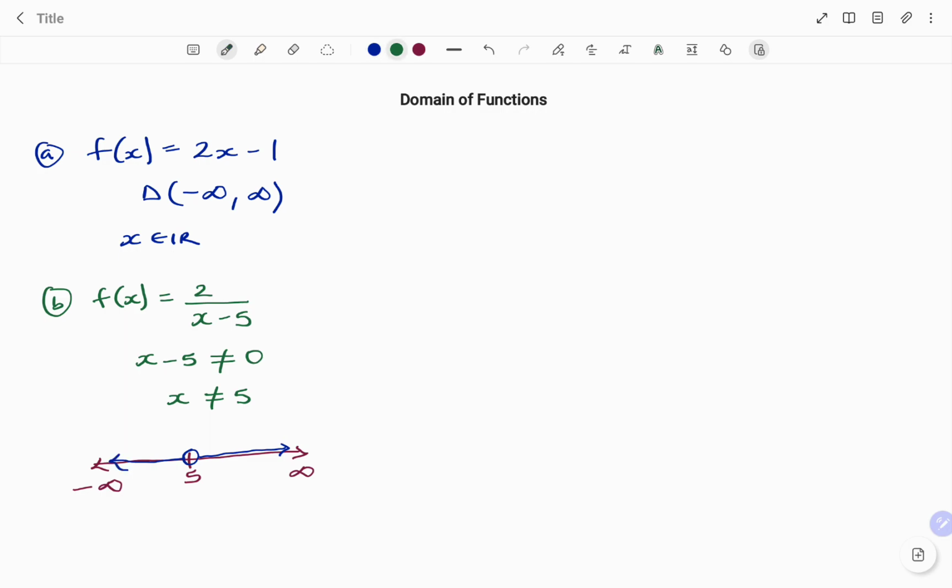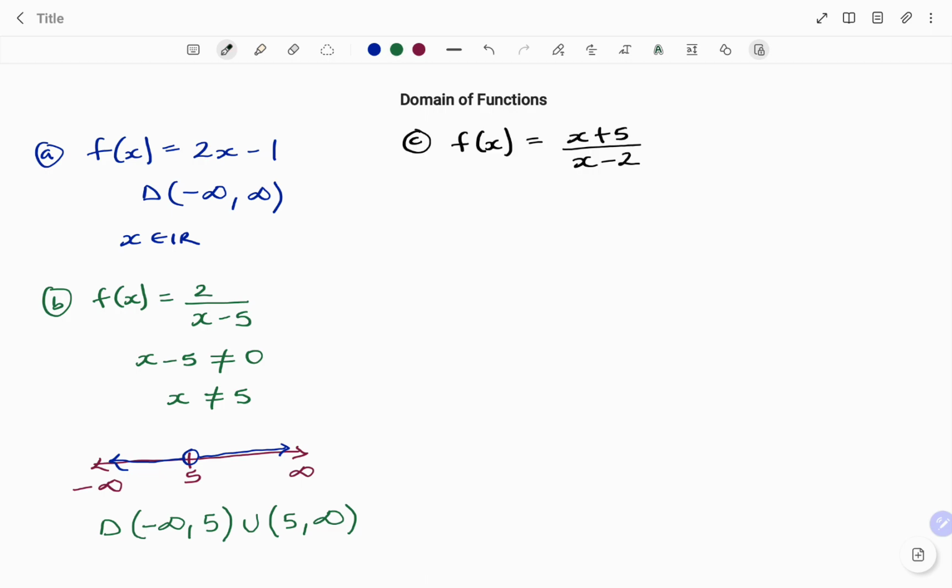And writing that in interval notation will be your domain D is from negative infinity to 5, but not including 5. So I have a close bracket, union of, then I start again from 5 to positive infinity. Let's look at the next example.